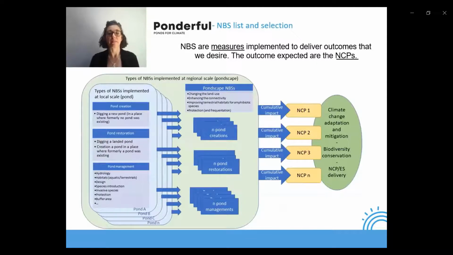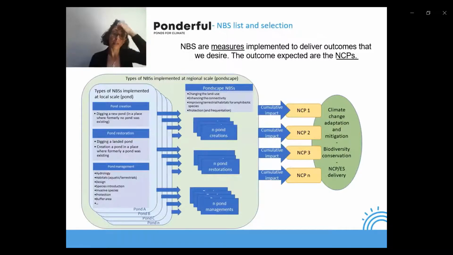Nature-based solutions are, we can say, measures implemented to deliver outcomes that we desire. And the outcomes expected are the nature's contributions to people and ecosystem services. So the NBS considered for Pondful are pond creation, pond restoration, and pond management NBS.